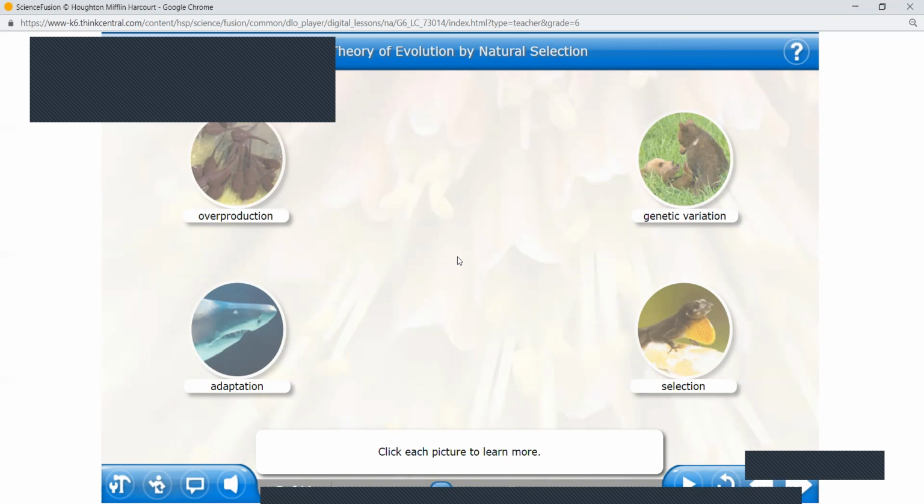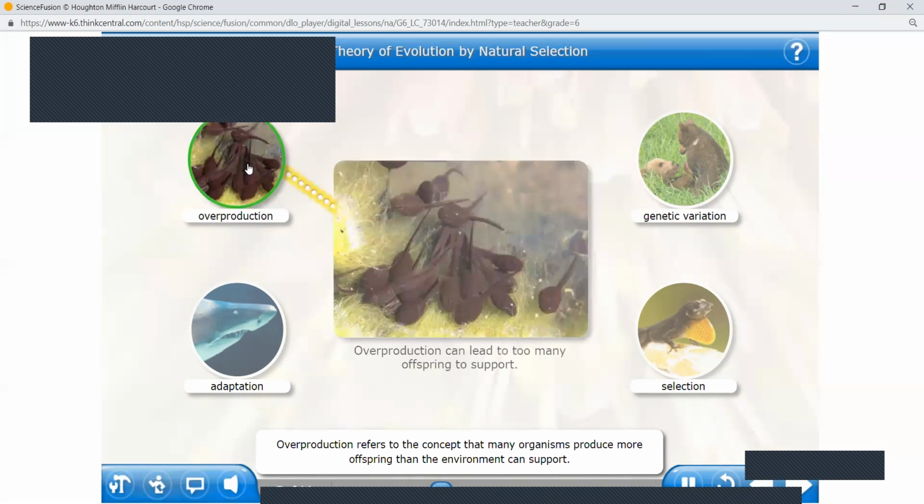Remembering these 4 things in their mind, they study them and propose the theory of evolution. So the first one is overproduction, second genetic variation, how by time the genes change, and then adaptation, how well they adapt to the environment, and selection.